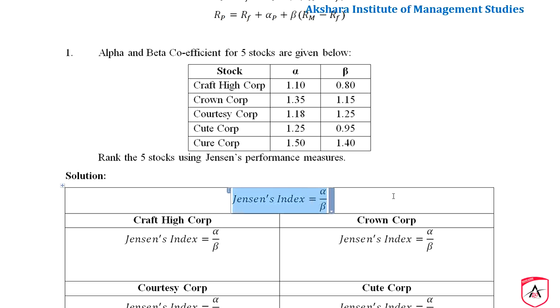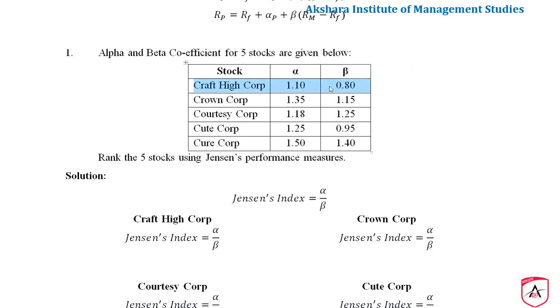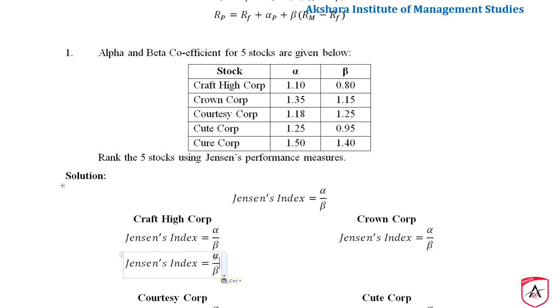The same formula is used over here. Jensen's index is equal to alpha divided by beta. Let us start with the first stock, Kraft High Corp. Alpha is 1.10, beta is 0.80.